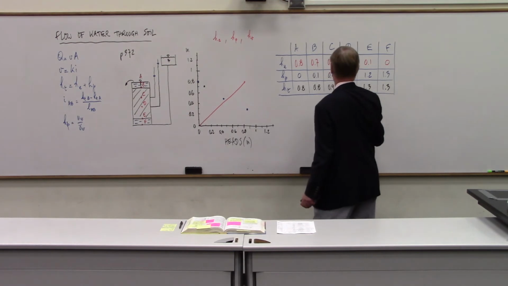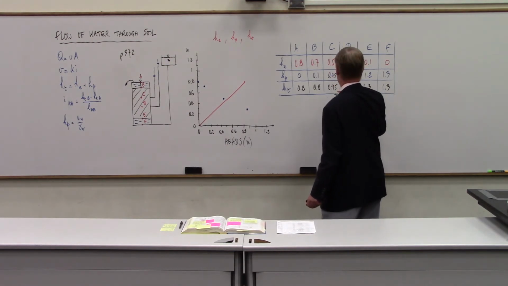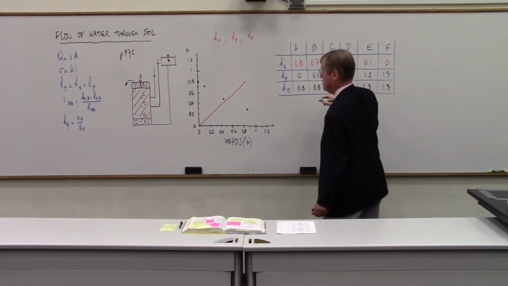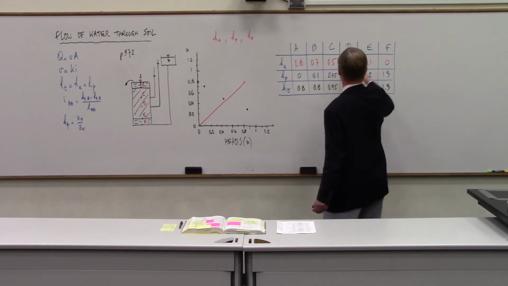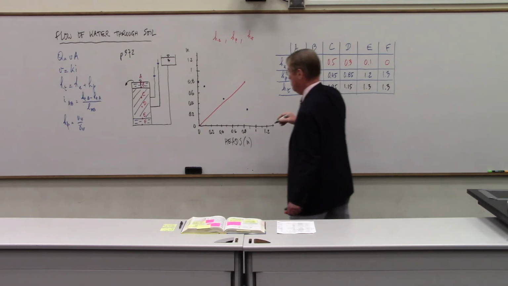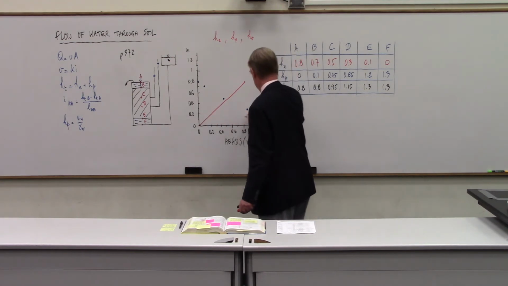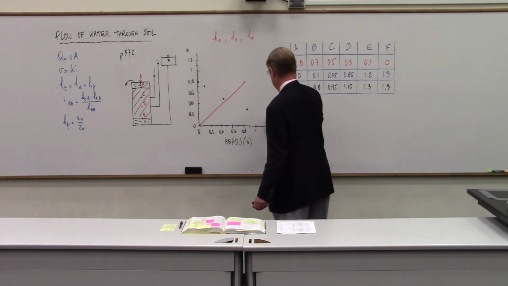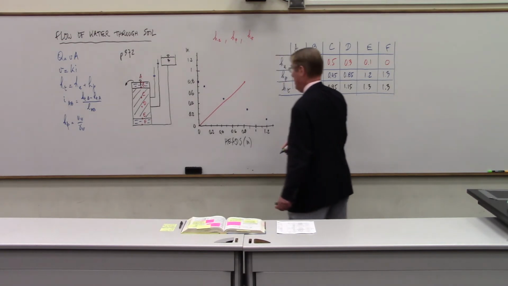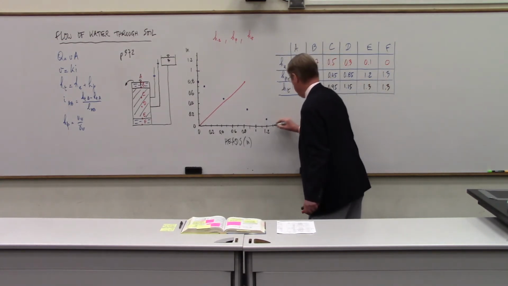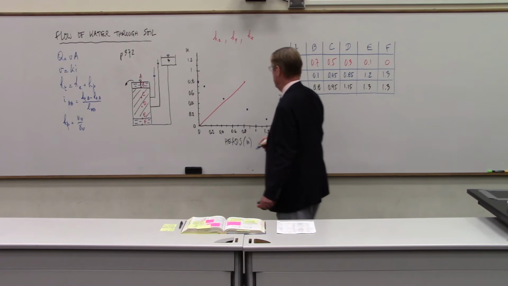And then at, where am I? D, C, D, E. At E, I've got 1.2. And E was right here, 1.2. Right there. And then at F, I've got 1.2. Okay?